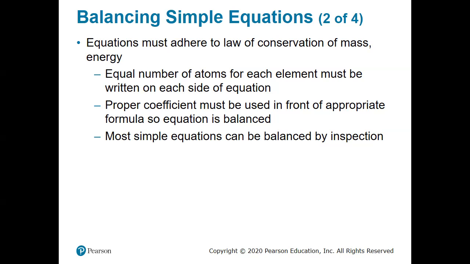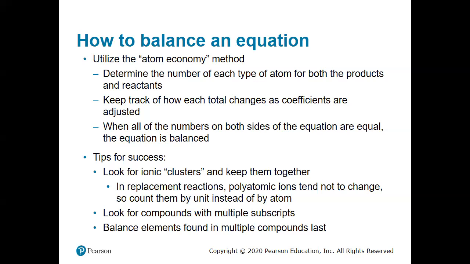That something else is a process that we use to help keep things straight while we're trying to learn the process of balancing chemical equations. That process is called the atom economy method.